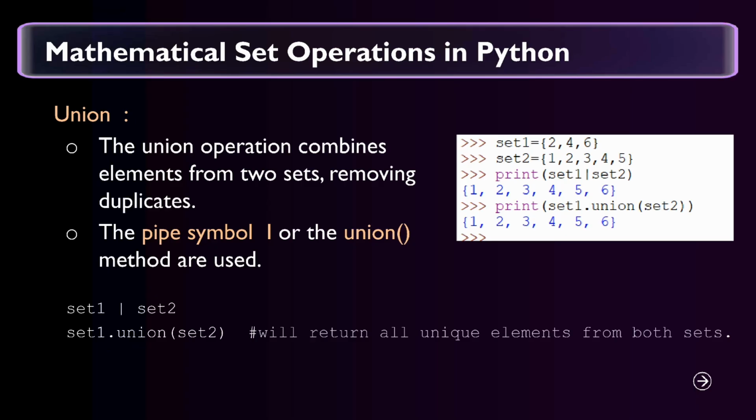Let us go through some of the most commonly used mathematical set operations. First, the union operation combines elements from 2 sets, removing duplicates. We can use the pipe symbol or the union method.